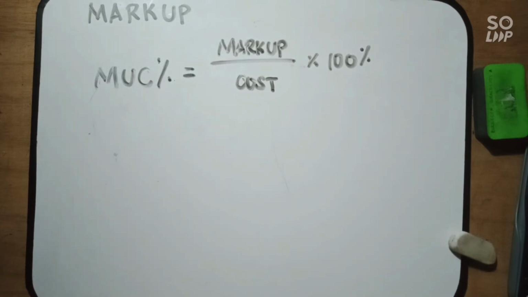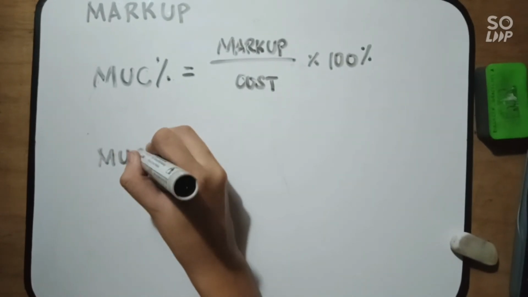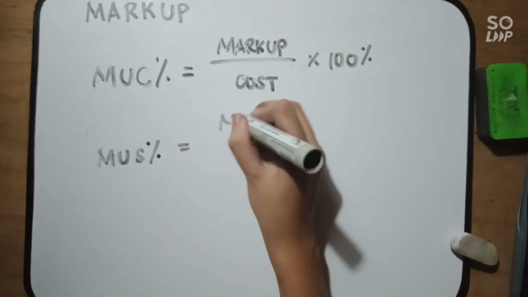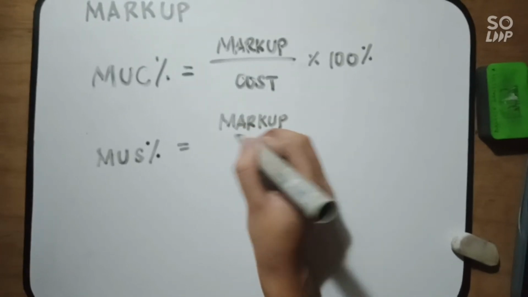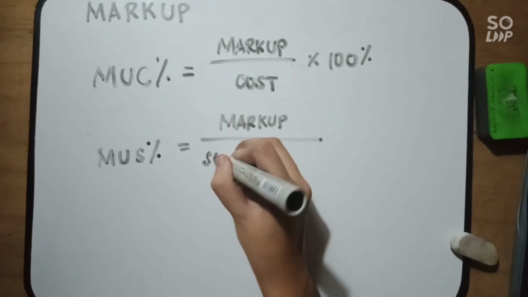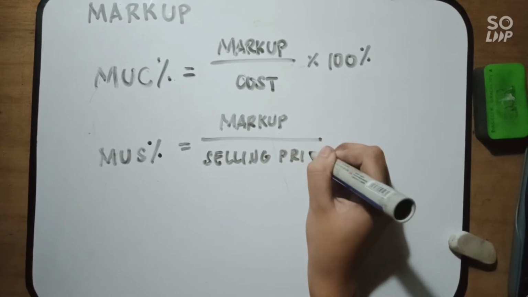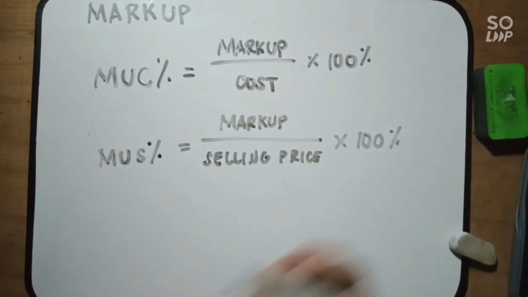And the formula for rate of markup based on selling price is markup over selling price times 100%.